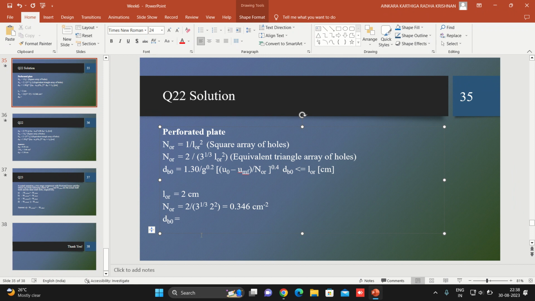So with this formula we are going to use dB naught. dB naught is given by this formula where 1 by 3 divided by 981.2.